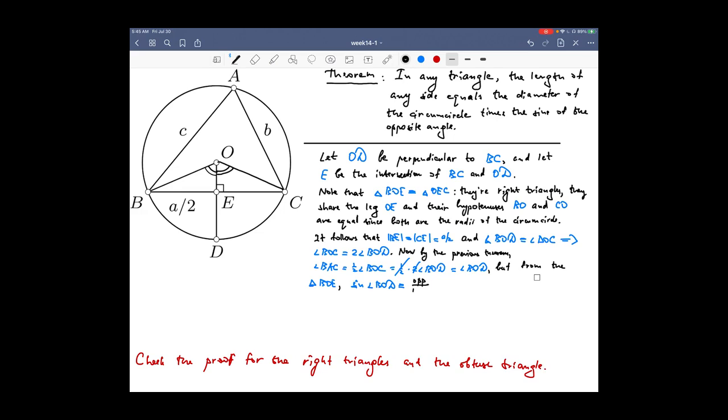So opposite over hypotenuse. Opposite leg is BE. Hypotenuse is BO. BE we know is a over 2. And BO is the radius of the circumcircle.